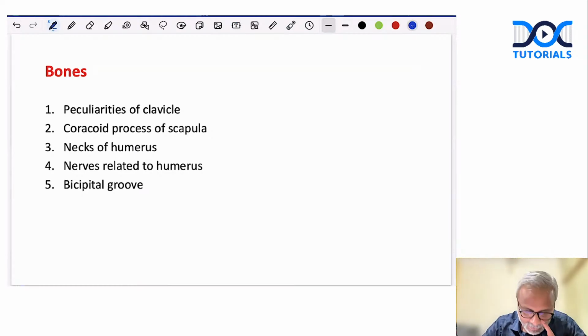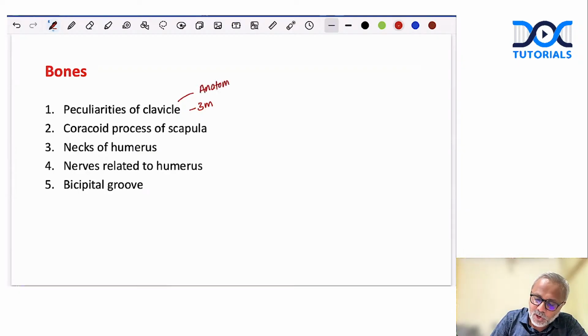Now, you can expect a 3-marker question on peculiarities of the clavicle. Why is the clavicle called a modified long bone, and what are the features of the clavicle? One more question you can get on the clavicle is the anatomical basis for the fracture of the clavicle.